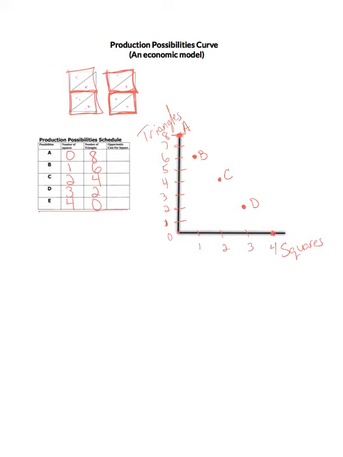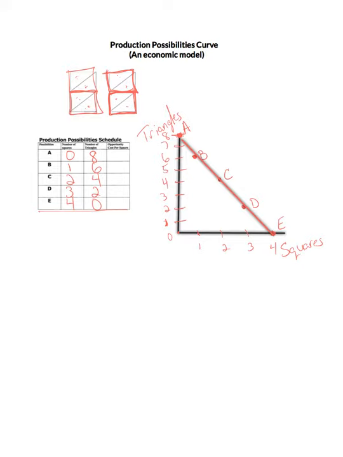So we're going to put that there and label that point E. Now I'm going to use my handy dandy tool to draw a nice straight line, because I cannot draw a straight line to save my life. I'm going to connect my dots, and it's approximately there. All right, so that is my production possibilities curve.